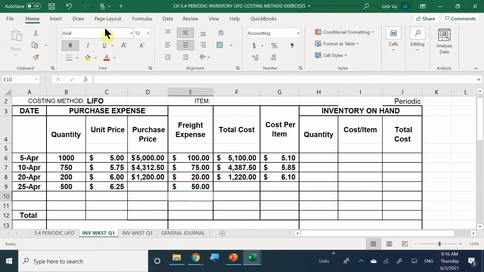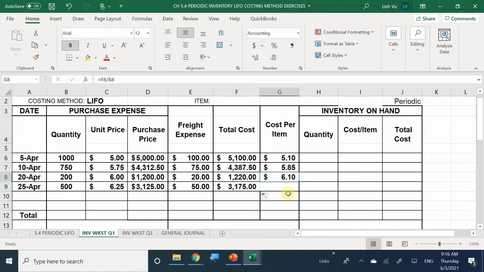So what's my total purchase price here? $3,125. Good. What's my total cost here? $3,175.